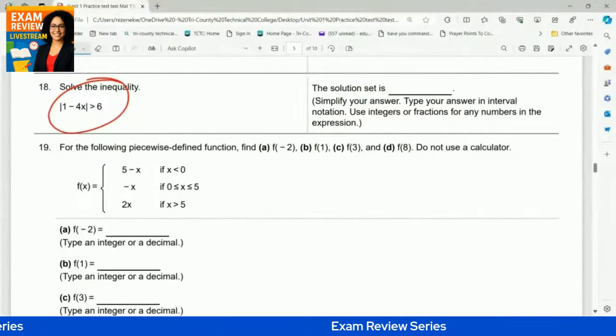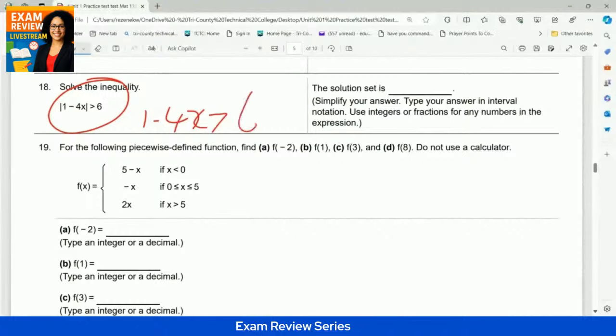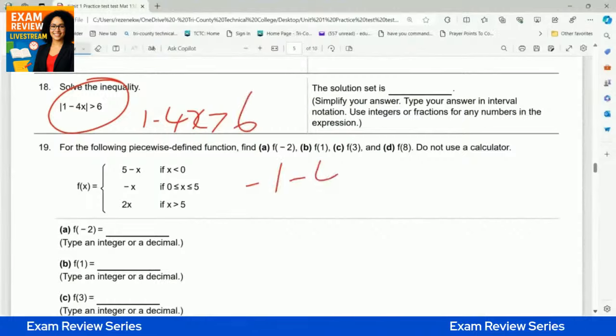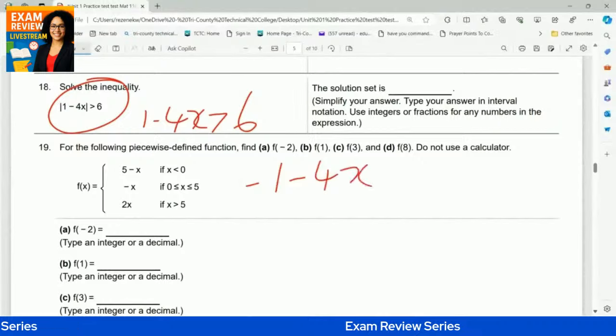So bring what is inside the absolute value sign, bring it out. I have 1 minus 4x is greater than 6. And then 1 minus 4x is less than negative 6.